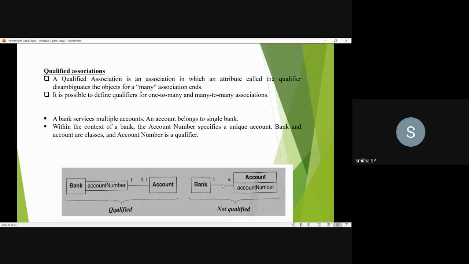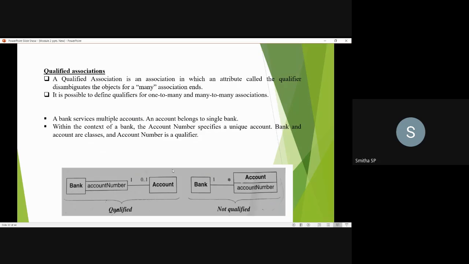One bank can have zero or more accounts, or you can also say that one bank can have many accounts. See the definition in the second point: it is possible to define qualifiers for one to many and many to many associations. So here a qualifier can be defined to resolve ambiguity.